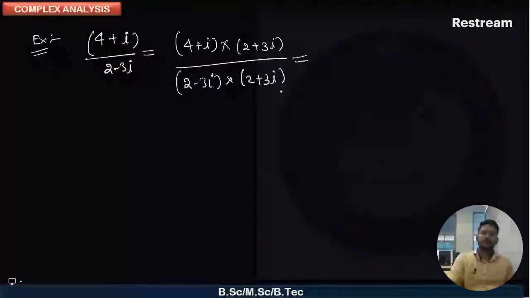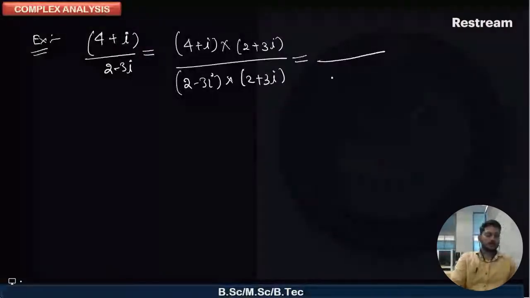It gives you some formula like using a minus b square. So it gives four minus nine iota square, and add for this gives you 13 in the denominator. In the numerator, when you multiply together, it is 5 plus 14 iota.